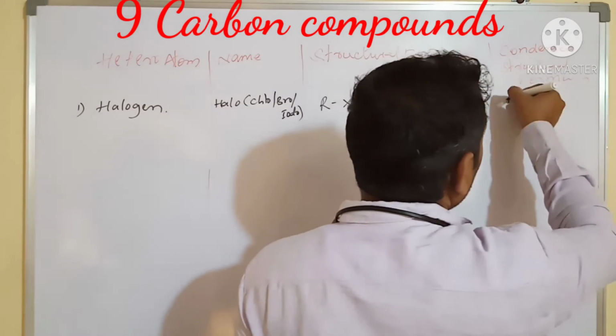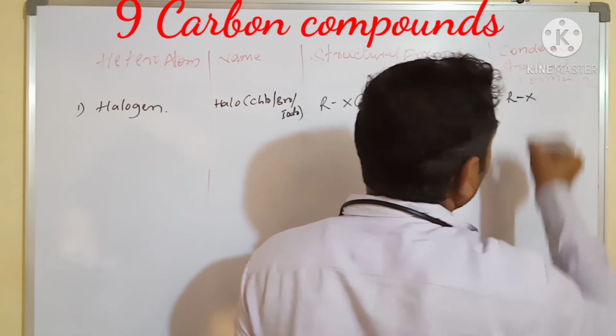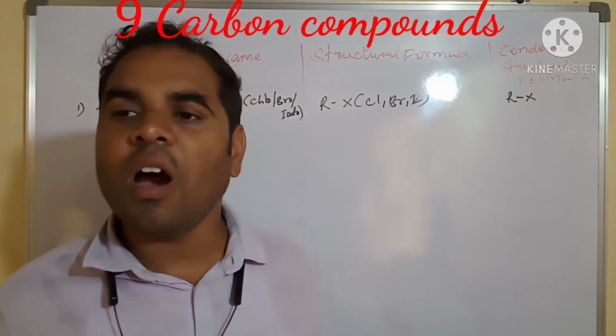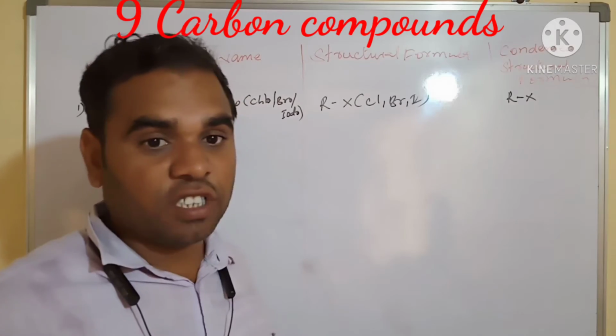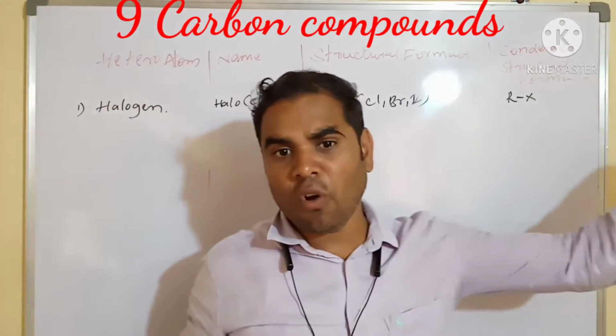The condensed form is also RX. R means alkyl, X means any halogen.